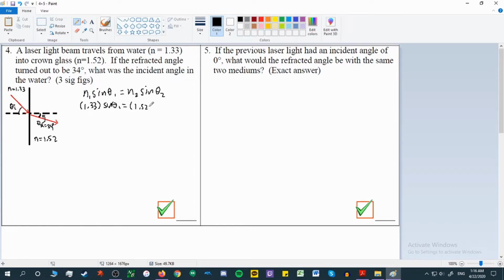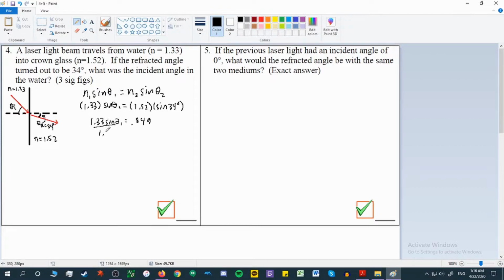Second index of refraction is 1.52, and they give us the refracted angle is 34 degrees. And wow, look at that, the variable's on the left side, so I don't even have to change anything. So we get 1.33 times the sine of theta 1 is equal to, if you simplify that, it turns out to be 0.849.